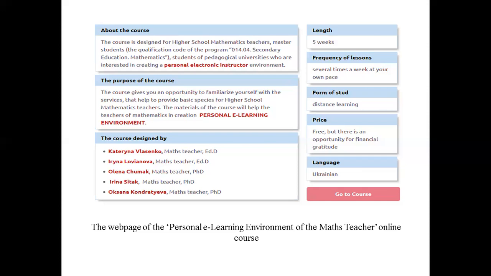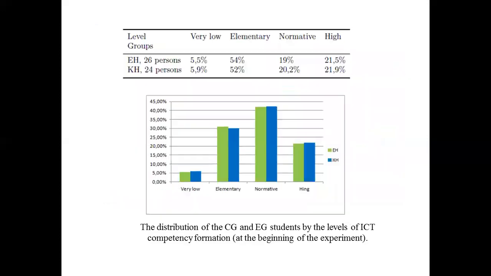In the control group, 26 students studied the methods of teaching mathematics in a specialized school, MTMSSH, discipline following the traditional university program. In the experimental group, 24 students, when studying MTMSSH, took the personal e-learning environment of the Maths Teacher online course.